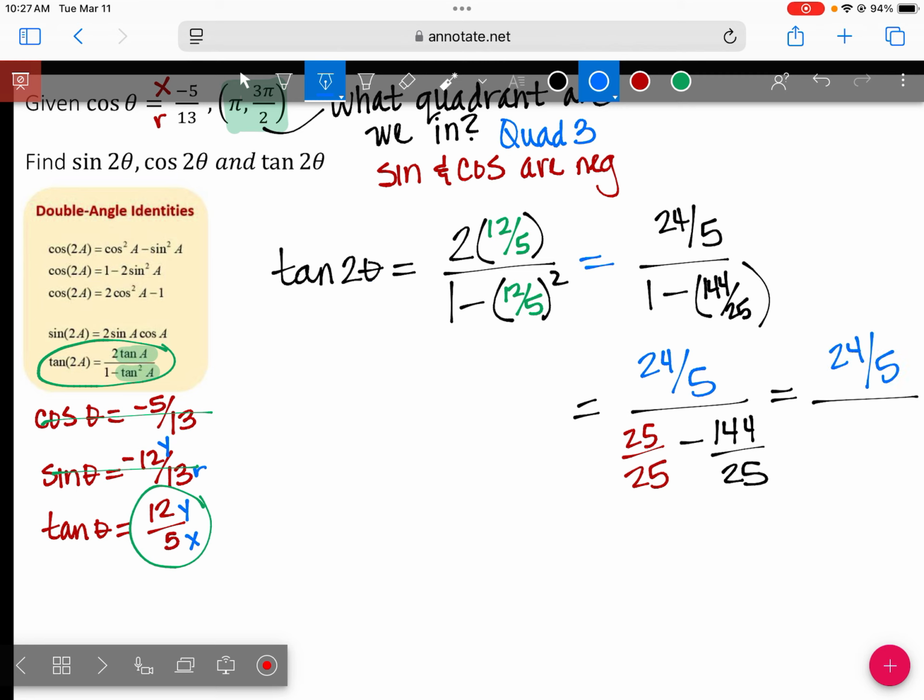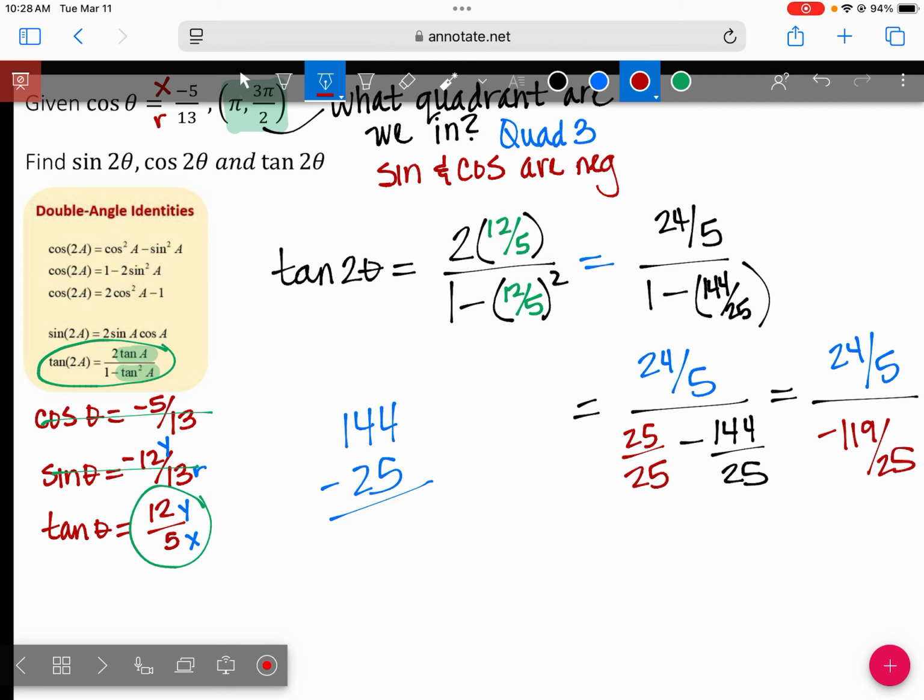So we already did this. We did 144 minus 25, I feel like we did that when we did our cosine double angle. So if you do 144 minus 25 off to the side, we know it's going to be negative, and you should get negative 119 over 25.